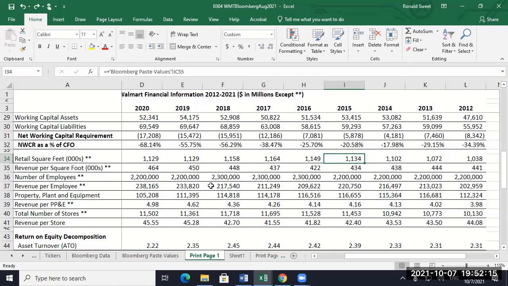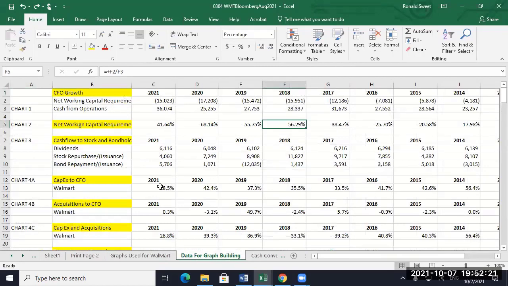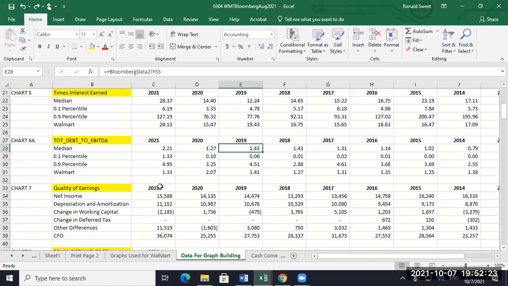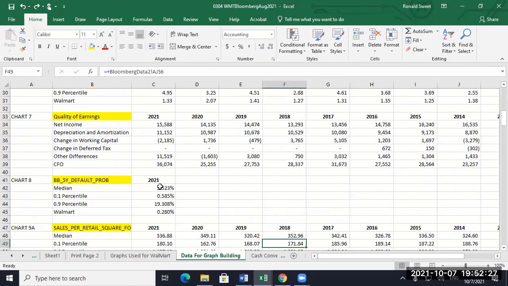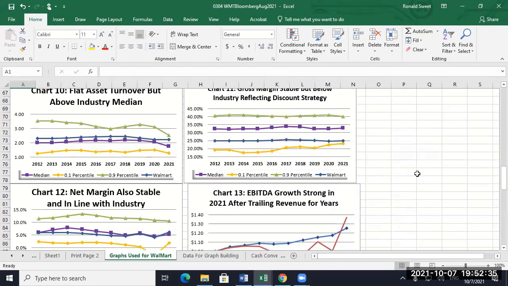I have students turn in papers. I think students get so stressed out that they just don't go back and look. If I can find one here. Revenue per square foot. Well, they actually have the chart like that, and they'll turn it into their paper.